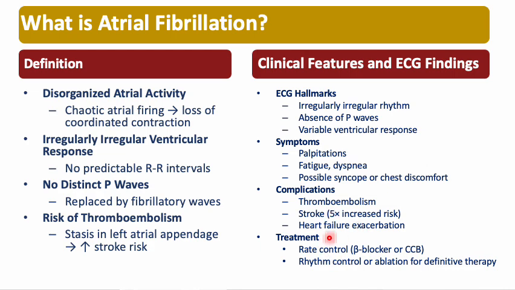They're also at increased risk for heart failure exacerbation. Treatment would be rate control. You can do it with a beta blocker or a calcium channel blocker. Sometimes you can rhythm control them. And then sometimes you may need ablation for definitive therapy, where they go in and burn the little area that is overfiring.